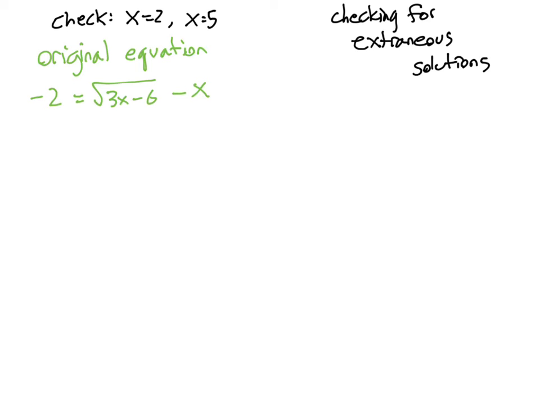So we need to check both of these possible answers by plugging them back into the original equation for x. First, let's check if x equals positive 2 is a valid solution. So we're going to keep this equation the same, but replace anywhere that we see x in that equation with positive 2.